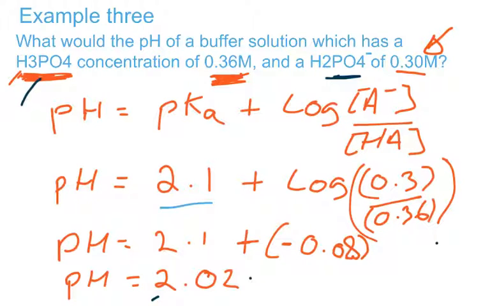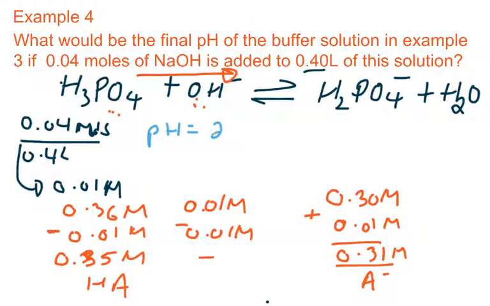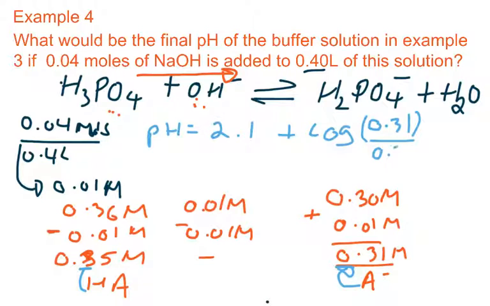We have it here already, so let's use that. 2.1, all right, plus log of the A minus value. The A minus value is here, which is 0.31. So 0.31 goes on the top. Over the concentration of the acid, which is HA, which is 0.35, H3PO4. So then 0.35 goes in the bottom.